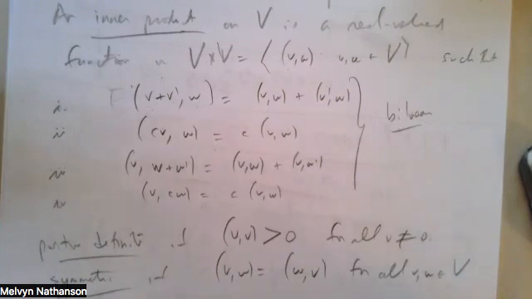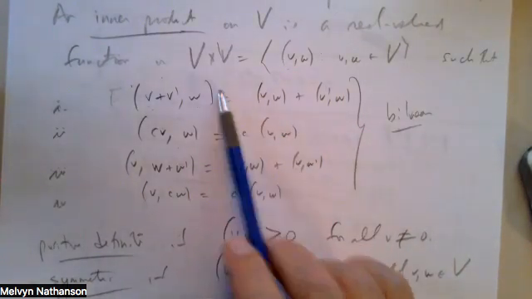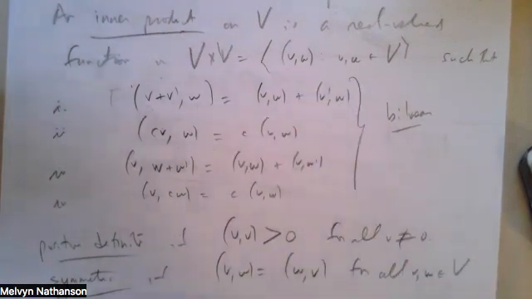So an inner product on a vector space is a function that assigns a number to every pair of vectors. And that function has the following very nice properties. It's symmetric: the inner product of V and W equals the inner product of W and V. It's positive definite: the inner product of any non-zero vector with itself is positive.